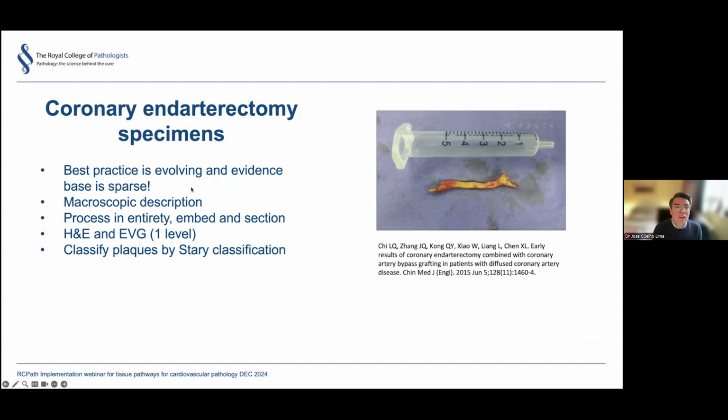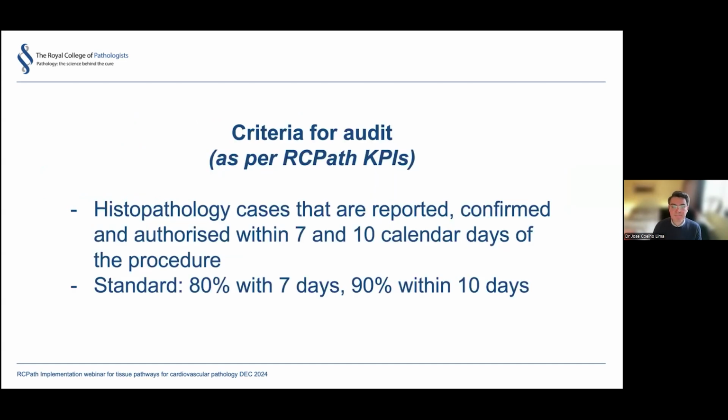This is still an area that is evolving and evidence is sparse, but we recommend that one should provide a macroscopic description of the specimen, process the entirety of the specimen, stain with H&E and EVG at least one level, and use the STARI classification or American Heart Association classification to classify and grade the severity of atherosclerosis.